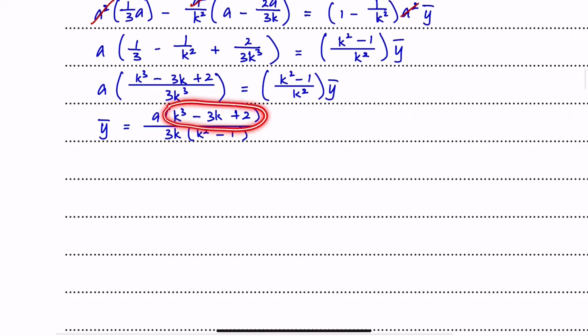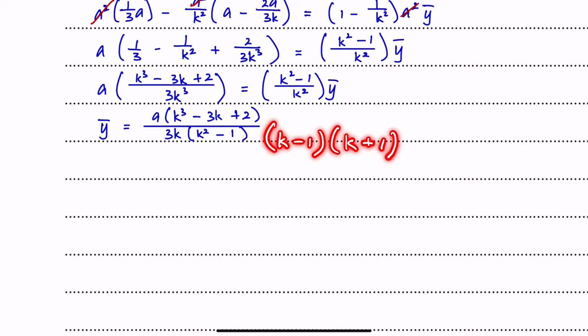From this, we can see that if K is equal to 1, we have 1 minus 3 plus 2, which is equal to 0. And that means K minus 1 is a factor of this expression. And for K squared minus 1, we know that we can make it into K minus 1 times K plus 1. So we will need to factorize the K minus 1.